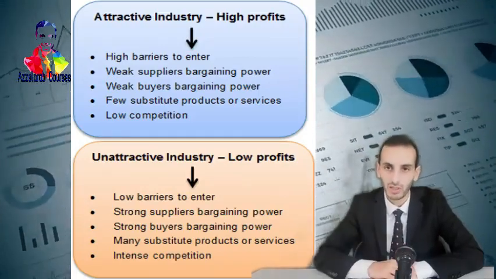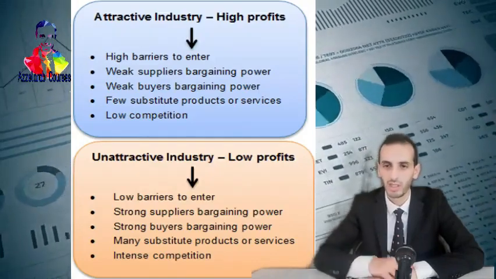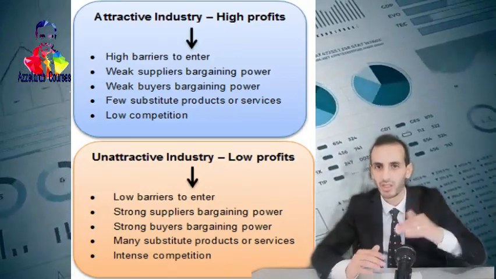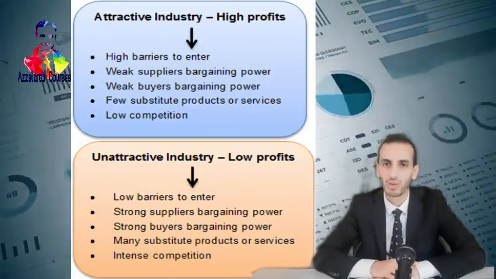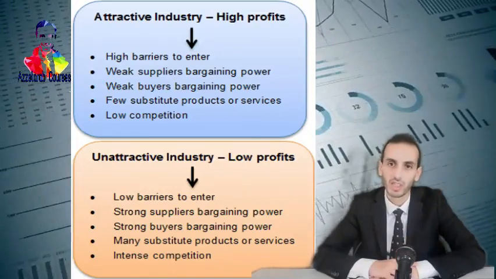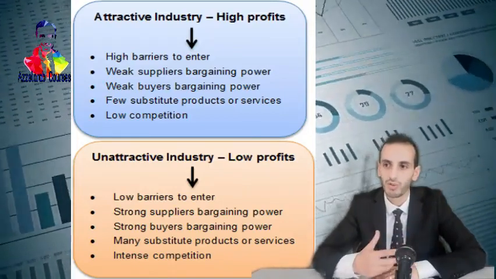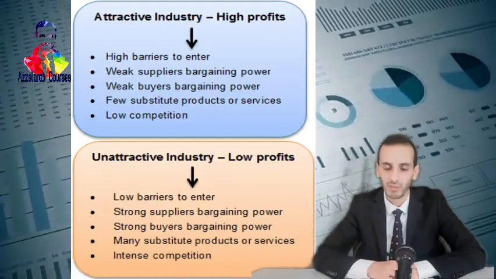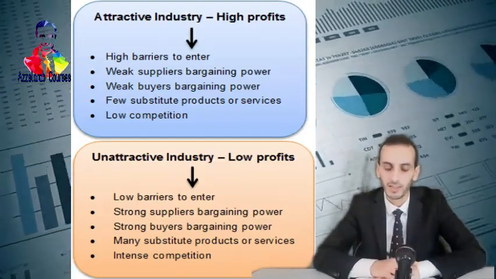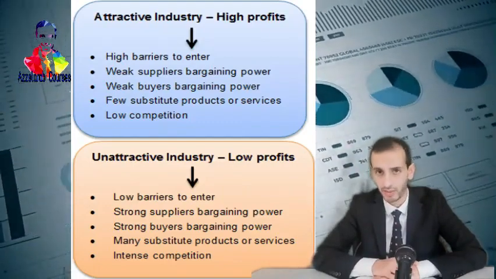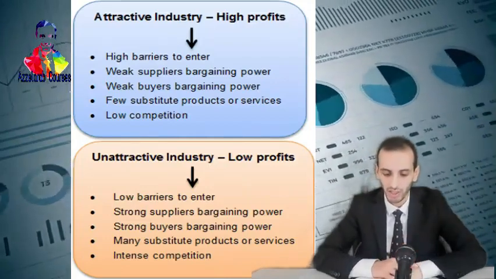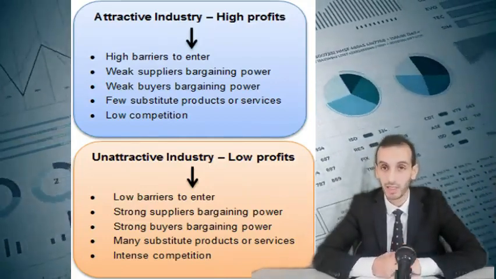Higher barriers to entry include capital: when the business requires a large amount of capital, the barriers are higher. Also the legal and regulatory aspects: when there are a lot of rules we have to respect, the business will be unattractive. So, attractive when high barriers to entry and weak suppliers' bargaining power, for example.